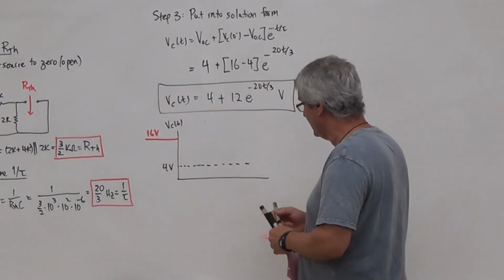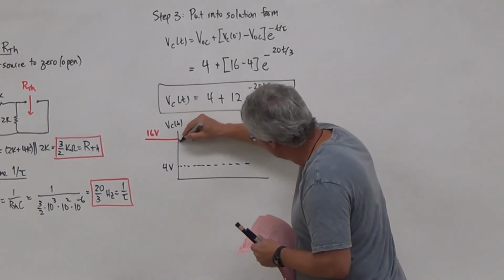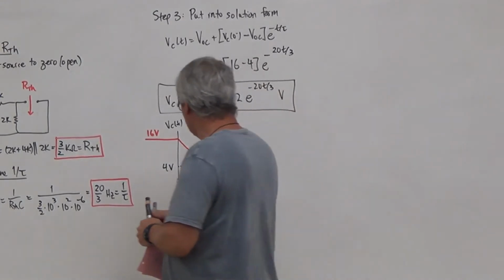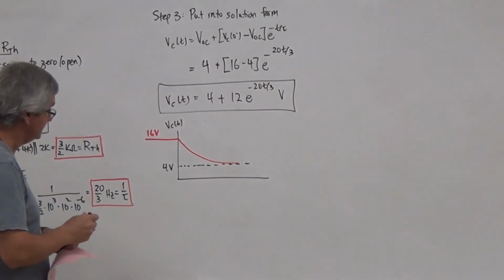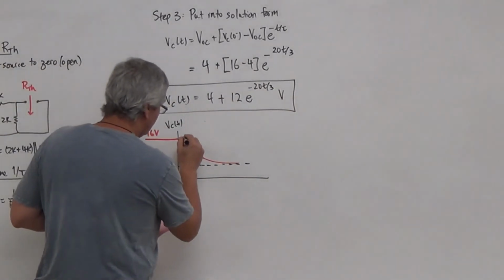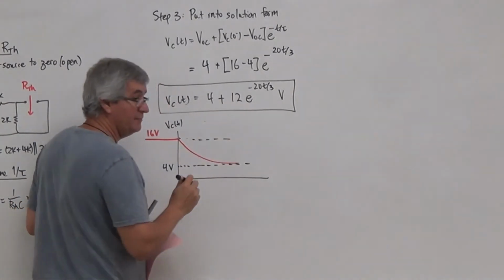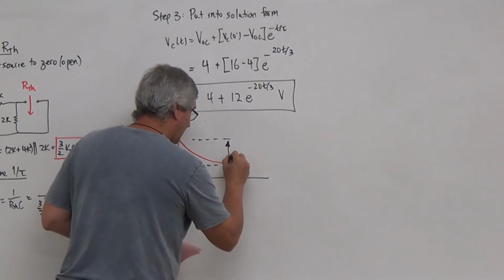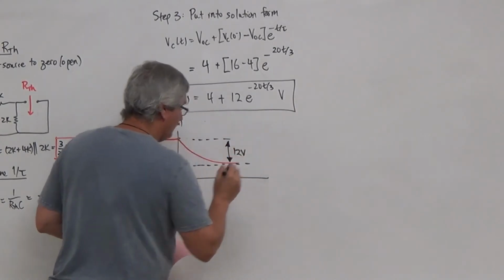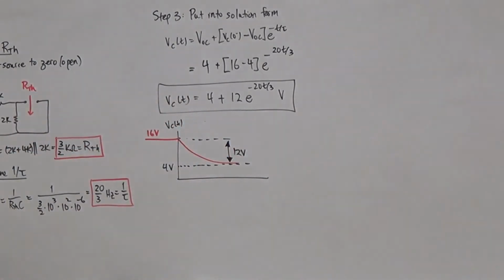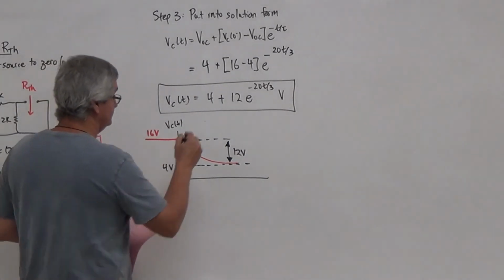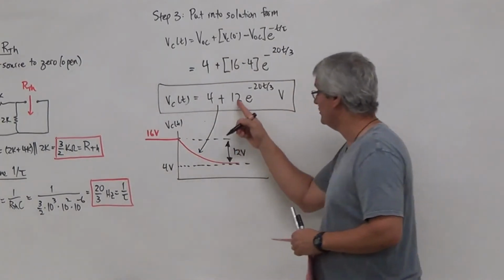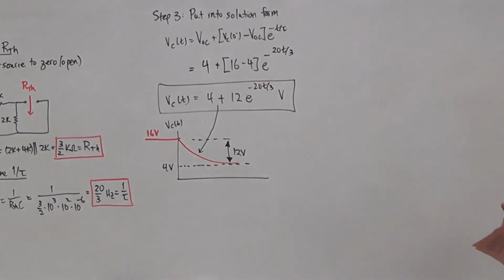This guy decays from here to there. What does that number 12 mean? It means that there's a jump or a decay of 12 volts. This red curve is given by that equation right there.